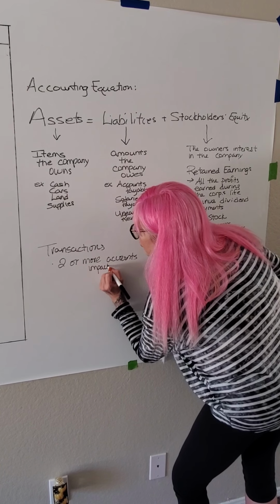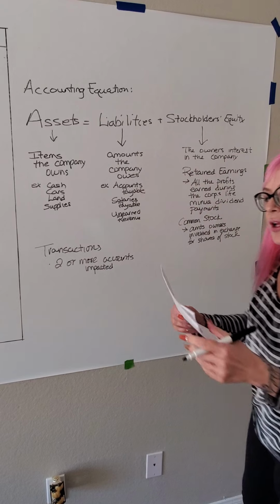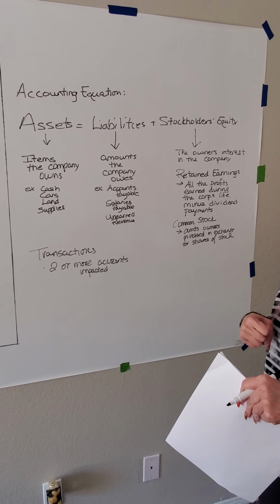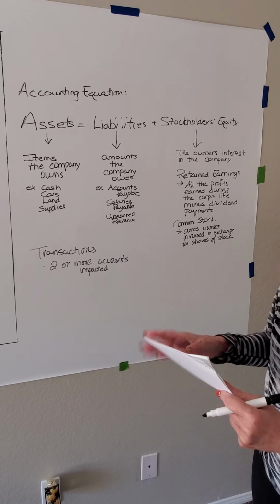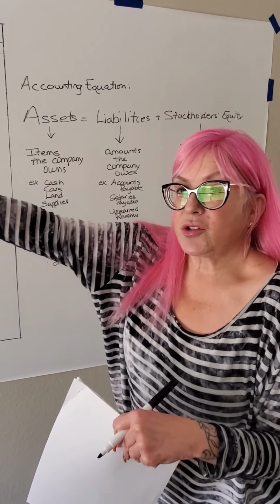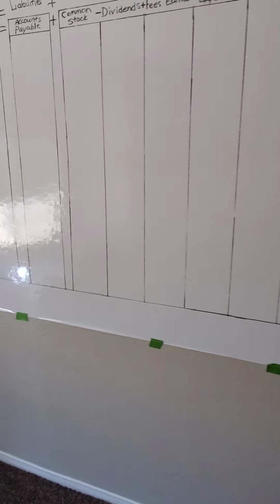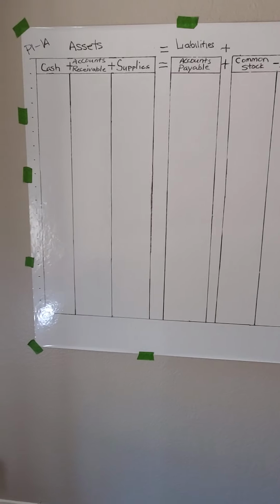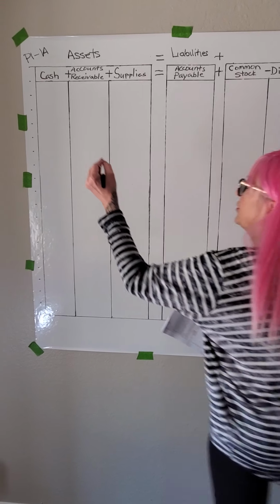And basically you want to think of it this way as you're learning it. What is the company giving up and what are they receiving? So that's what we're going to do right now as I start going through the transactions. So I'm going to have the camera start over there because we'll be working our way. So in the first transaction, A, I'm going to put that here.